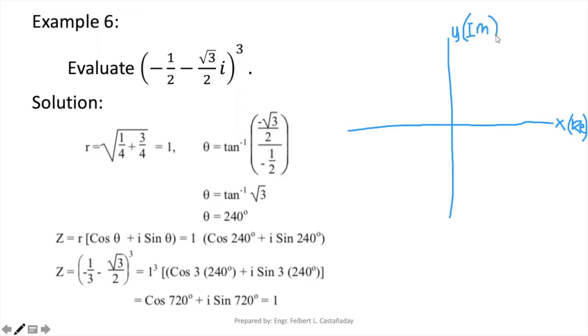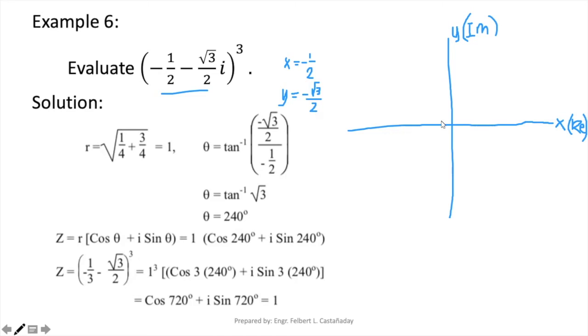It is important that you know the location of this complex number in the complex plane. So we have the real part, x, equal to -1/2. And y, the imaginary part, is negative square root of 3 over 2.